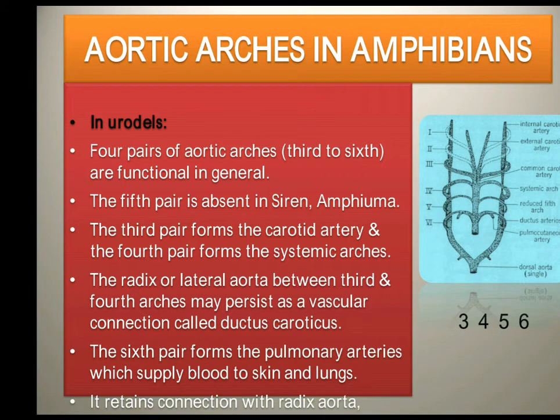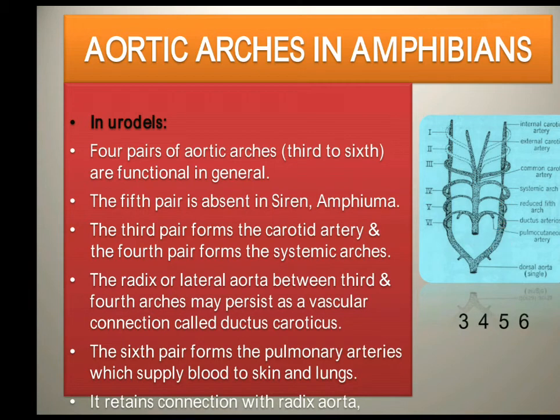Now students, there is one thing which is very, very important to note. Suppose this is the blood which is going into the head side, into the carotids, and now it is flowing into the internal carotids also. And from this ductus caroticus, it can come back into the dorsal aorta.